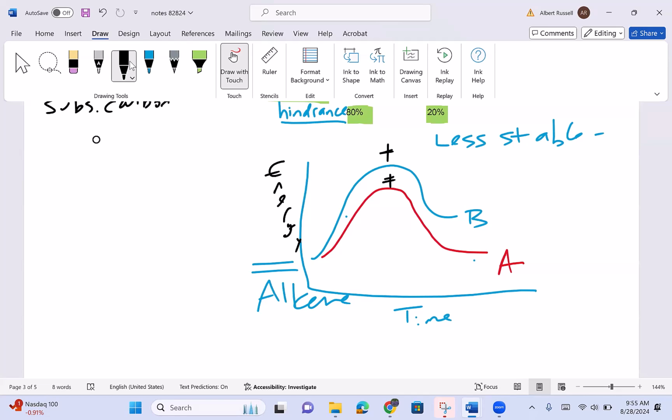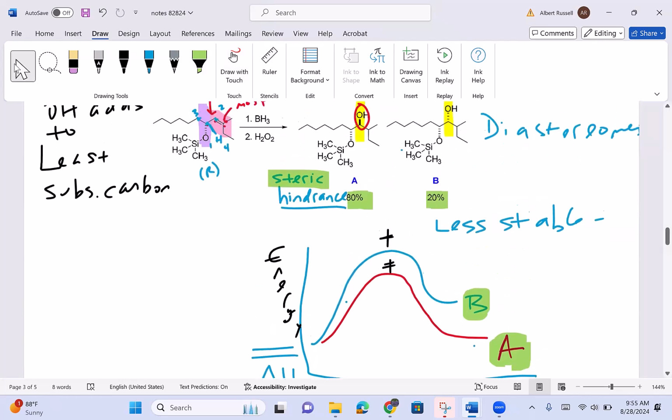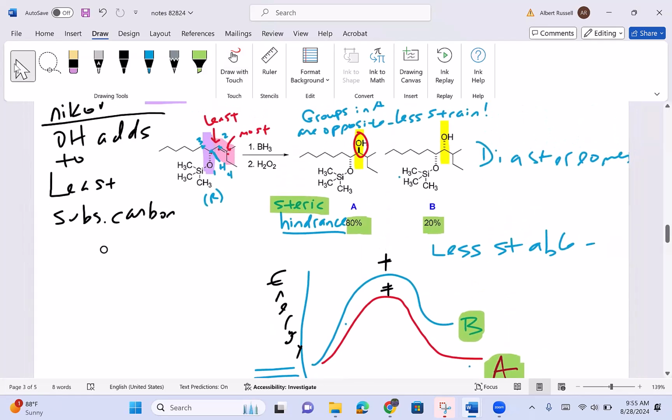So you notice B has a higher activation energy, and B is also, the product itself is higher in energy than A. So that's where that unequal mixture comes from. Not only does it cost more energy to get to B, B is not as stable as a product either because of that steric hindrance. So that's why you see that 80-20 ratio of A to B, because B is harder to access and is less stable due to steric hindrance.